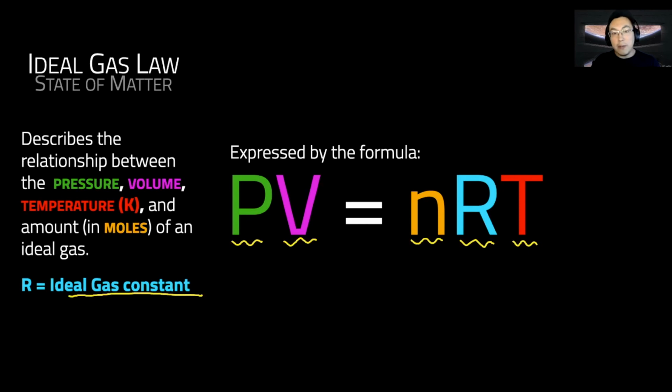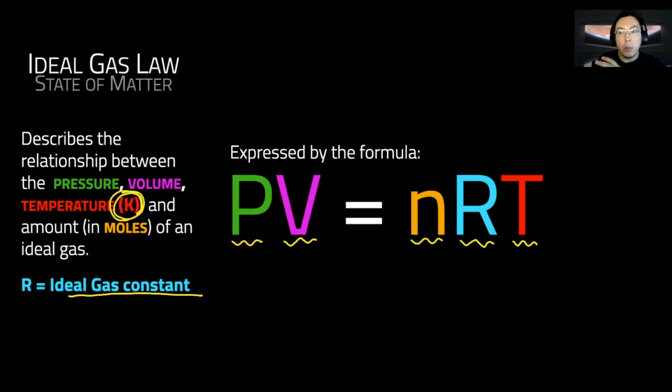This is a fixed number that we will be given, that we need to consider for doing all of our operations. And the T in our equation stands for temperature. Remember, every time we use temperature in any of our equations, we have to use the Kelvin scale.